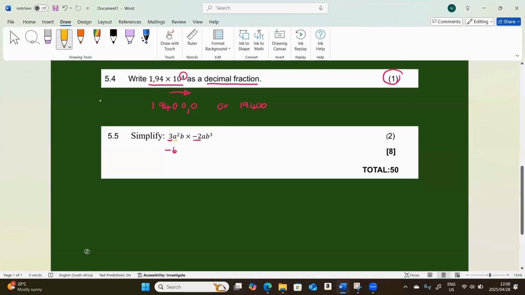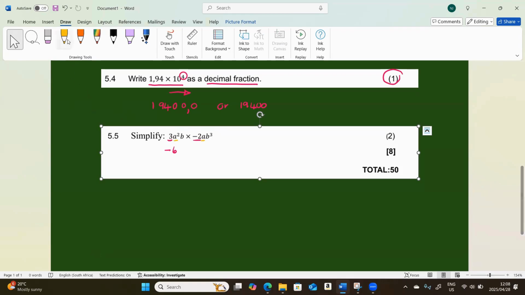We are working with the variable A in this expression and the variable A in this expression. So what are we doing with these two bases? We are multiplying A squared with A.